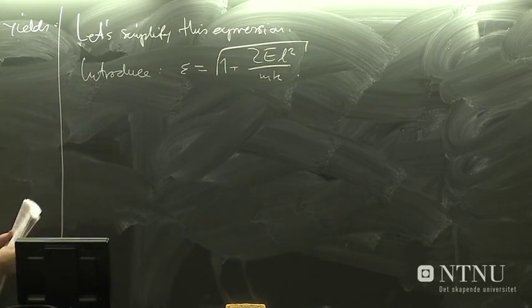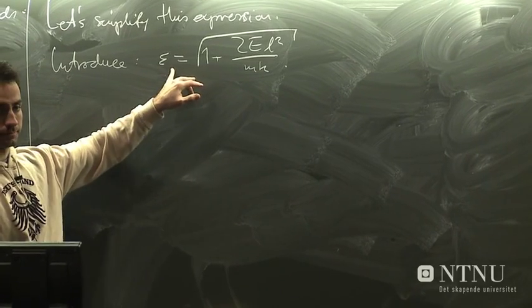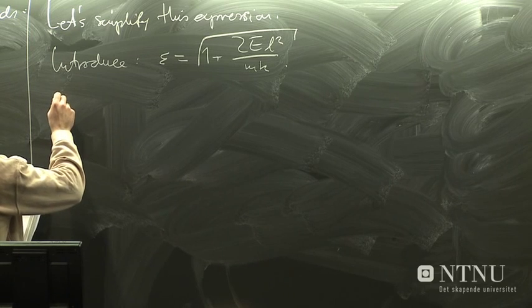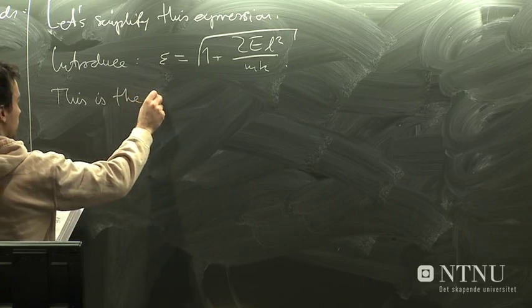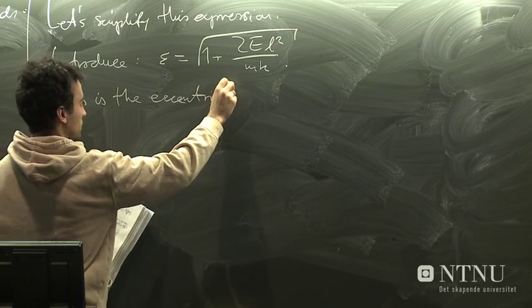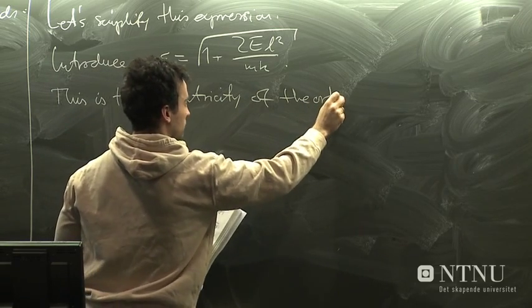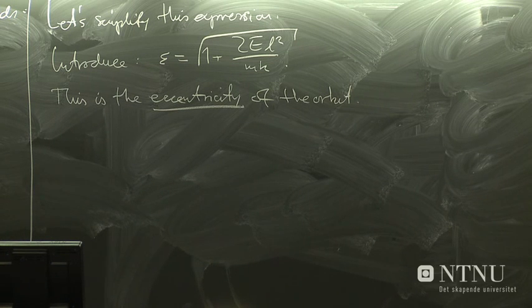So the first thing we can do is introduce this parameter epsilon, which I just defined like this. And this is known as the eccentricity of the orbit.